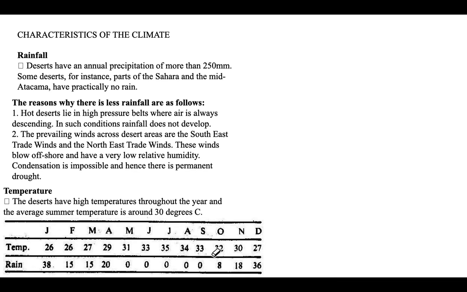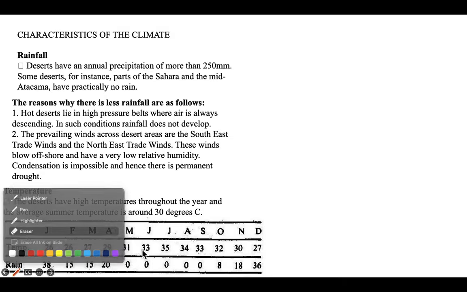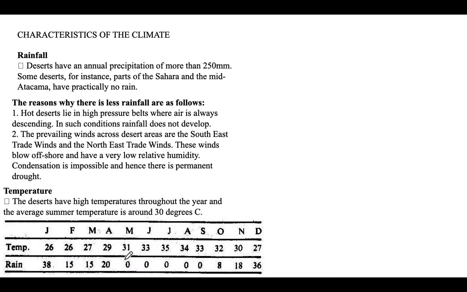So the secret of these tables, dear pupils, is you have to know that if the temperature at this particular point increases, then this particular representation is for the hot deserts. So temperature starting from May, June, July, August increases, even up to November, but gradually reduces in December. So this particular temperature range is for a desert.